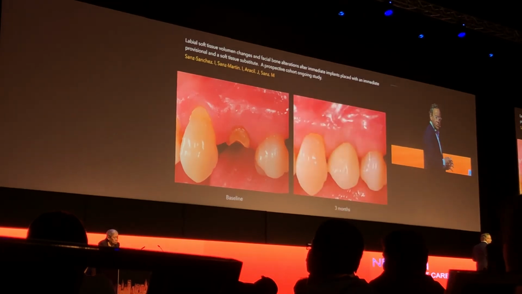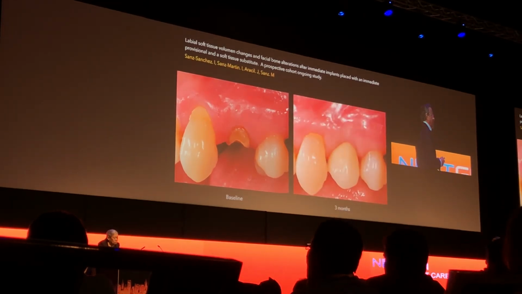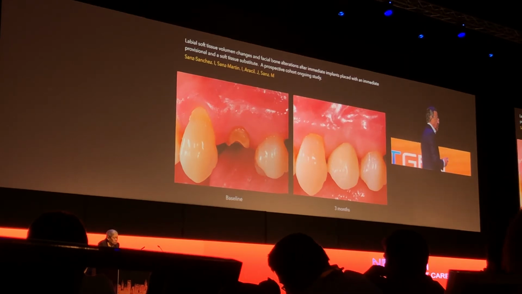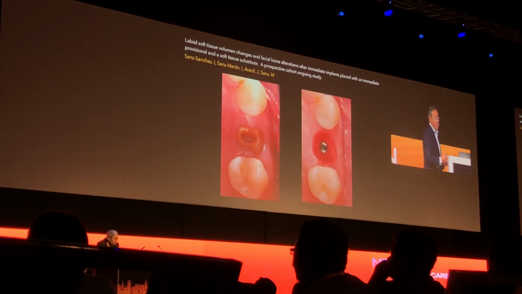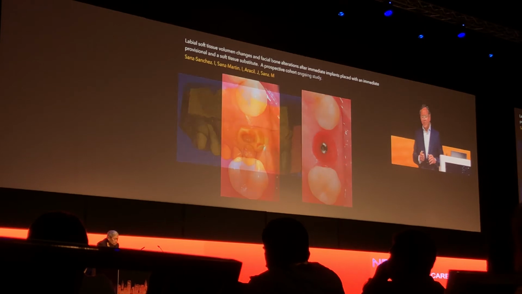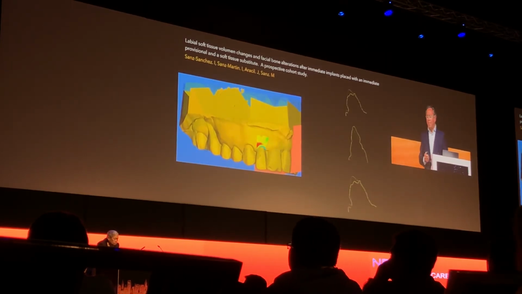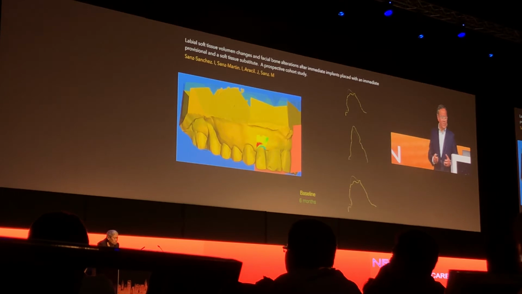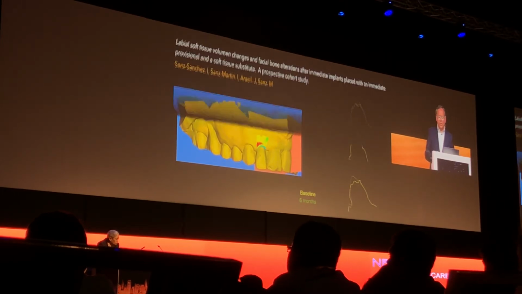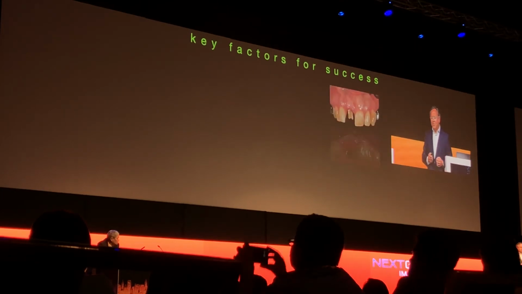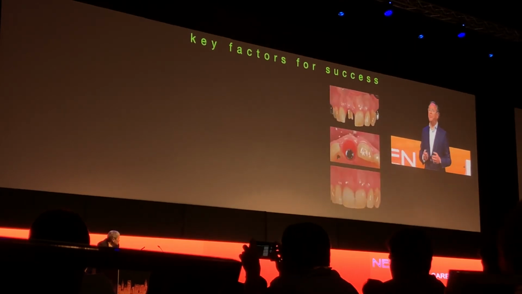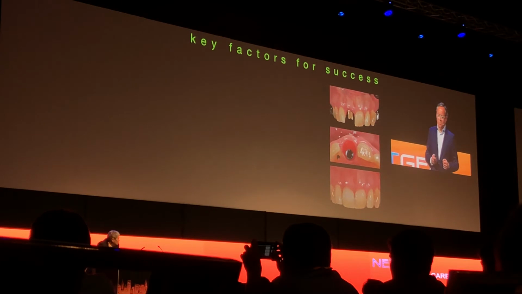And you see, this is one of the cases where you can evaluate the result at 3 months, and we are using digital technology to really measure the volume that we are attaining. And of course, since we are randomizing, we can really evaluate the situation in the proper manner. So, what are the key factors for success?